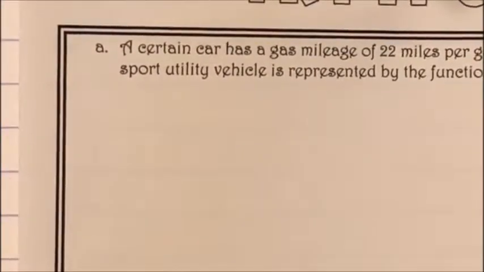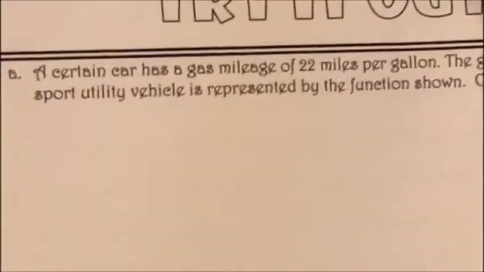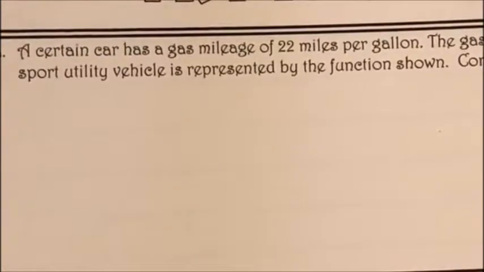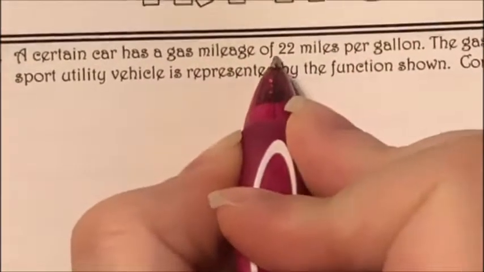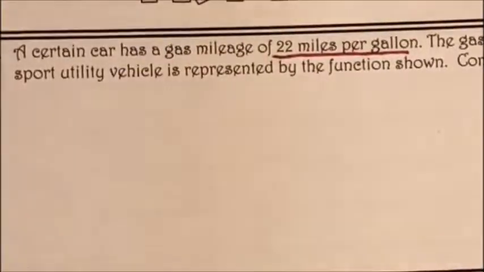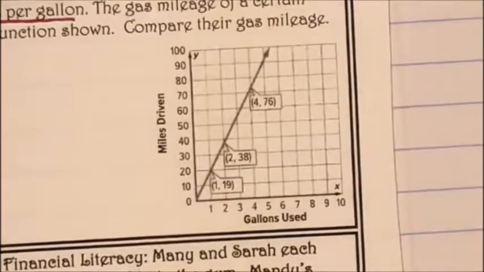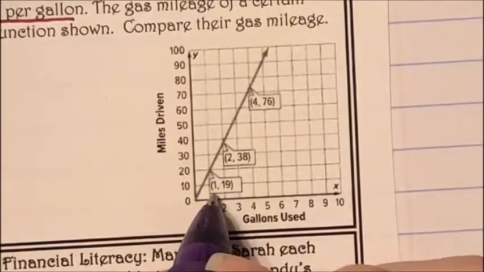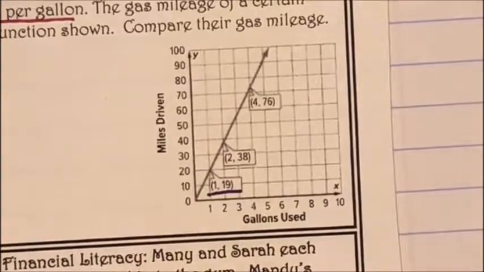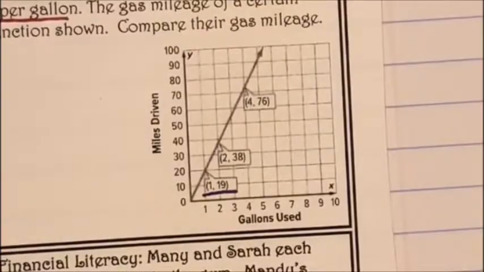Letter A says a certain car has a gas mileage of 22 miles per gallon. The gas mileage of a certain sports utility vehicle is represented by the function shown. Compare their gas mileage. Okay. So the first one has 22 miles per gallon. Then I can look at the graph over here. The sport utility vehicle is 19 miles per gallon.